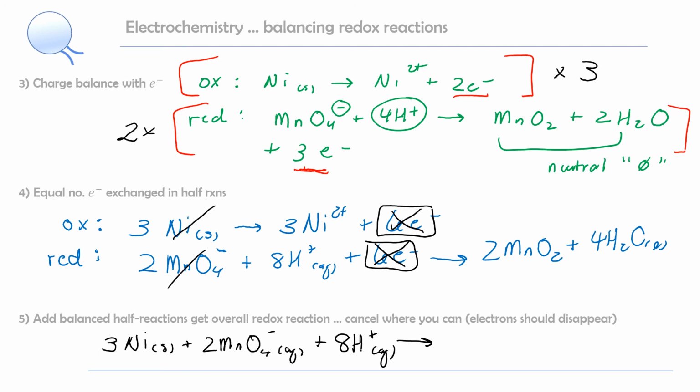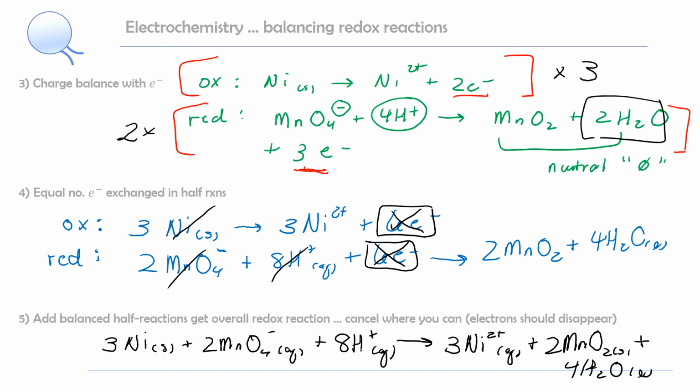Then I get 3 nickel ions in solution, 2 MnO2, that's a solid, and 4 waters. All right, there is my overall balanced redox reaction. So if you balance in acidic solution, it's just a little bit more work when you get to the mass balance, and you complete that with water molecules and hydrogen ions.